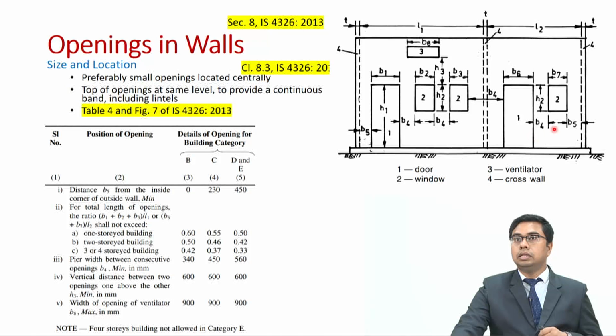For example, in this case, any opening should have sufficient distance from the cross wall. This is a cross wall, that is, there is a perpendicular wall framing into this very wall.